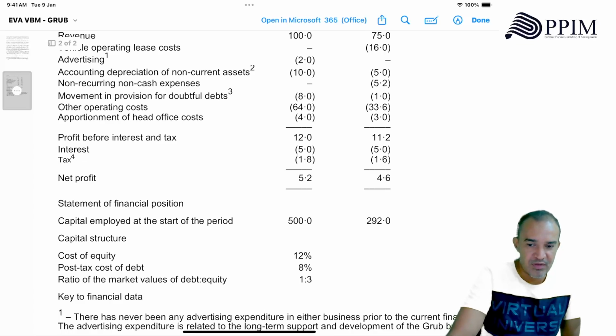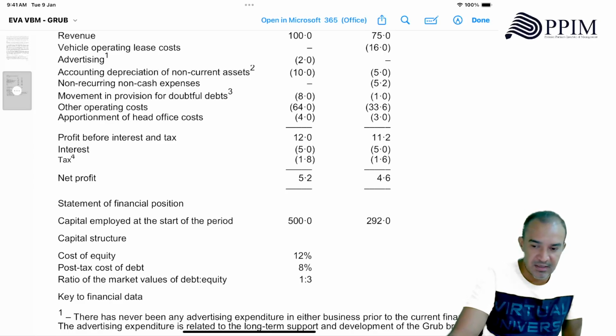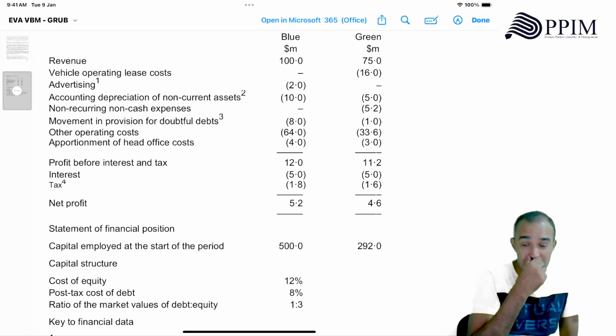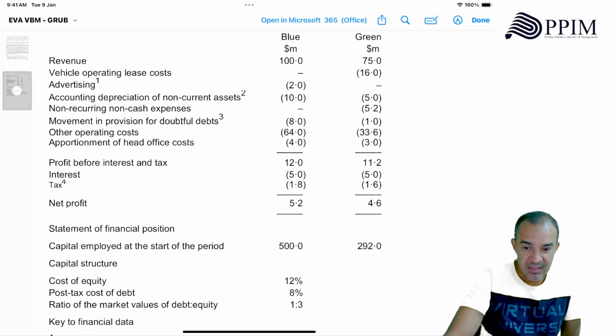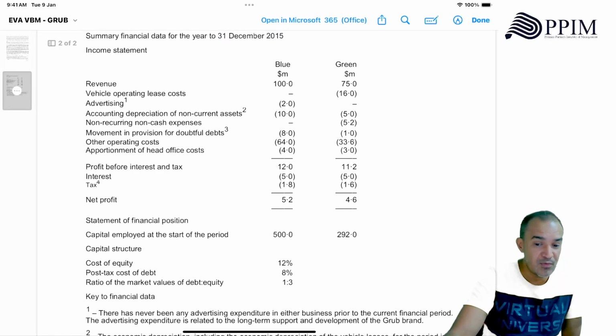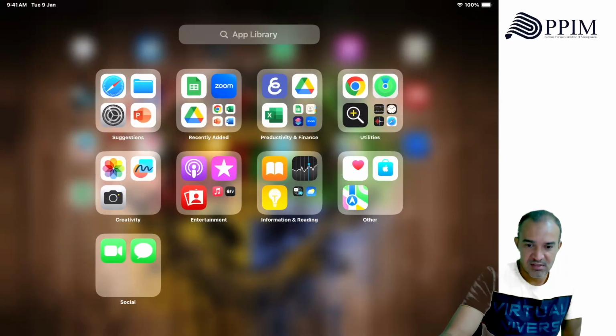Now there is a head office cost, isn't it? 4 million. And according to this statement, they have calculated tax after deducting the head office cost. But apportionment of head office is not an allowable expense. So then we need to remove the tax saving that was applied on that as well. You understand?